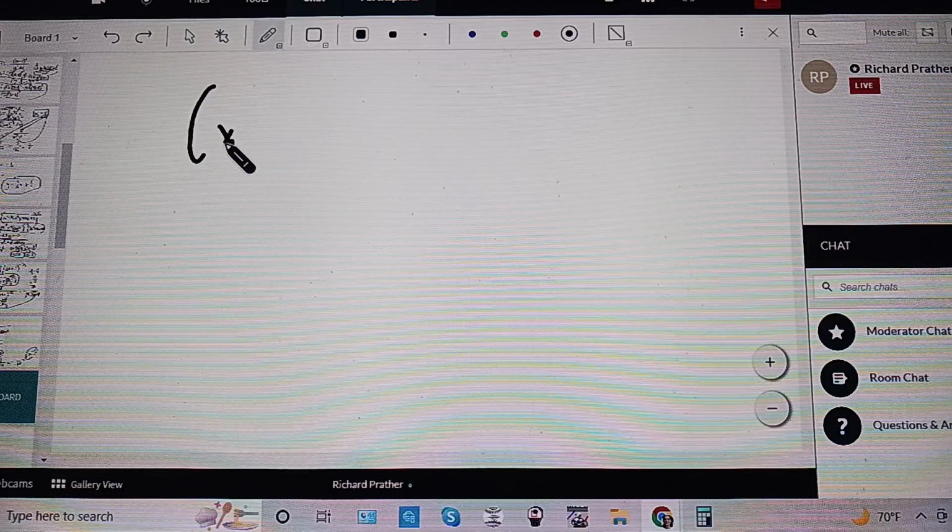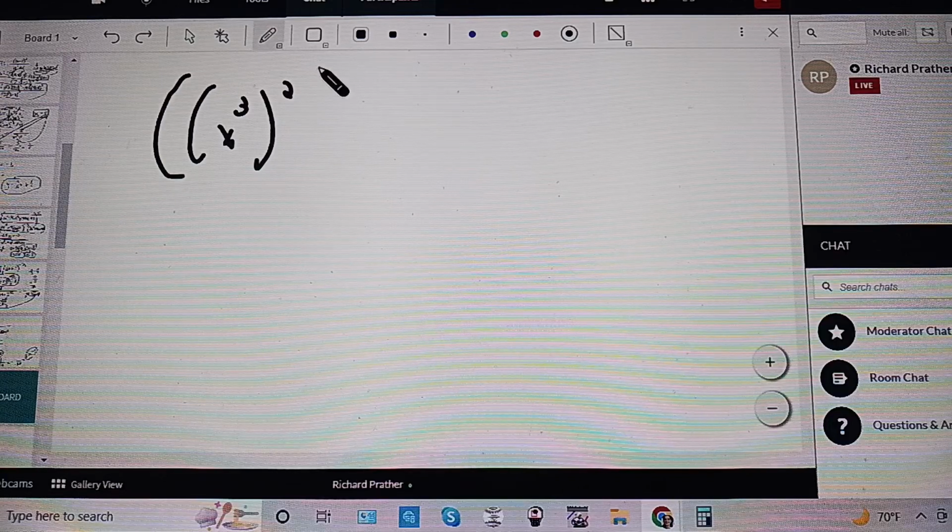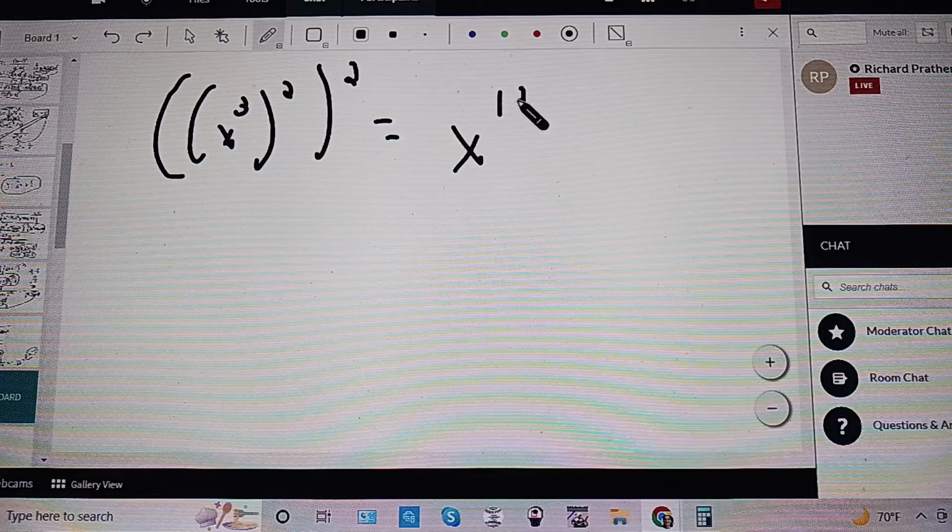So x to the third squared and squared. The rule of exponents when you have one base and exponents to exponents is you multiply them. The base stays the same. You do 3 times 2, 6, and 6 times 2 is 12.